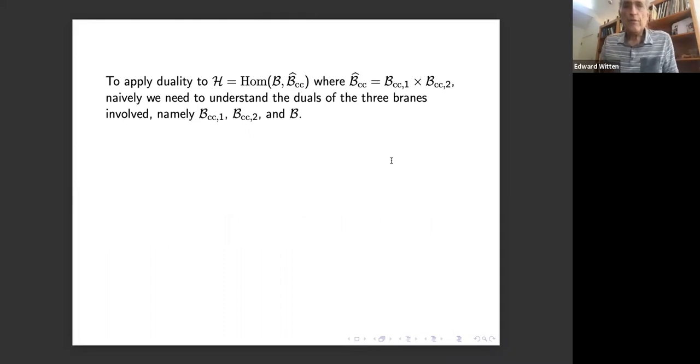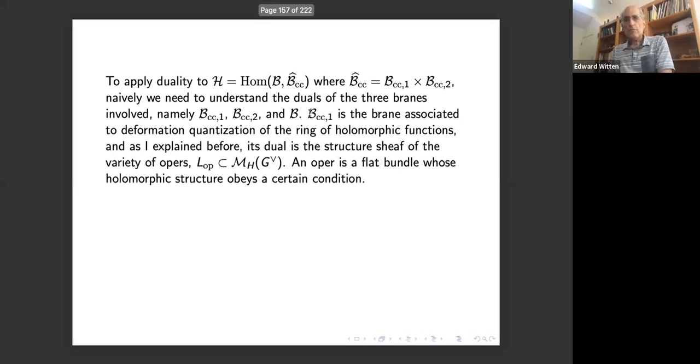To apply duality to Hom from B to B_cc, where B_cc, in this case, is a product of two coisotropic branes, naively, we need to understand the duals of the three branes involved: the two coisotropic branes and B, the brane supported on the diagonal in the complexification. Now we know the duals for the two coisotropic branes. B_cc1 is the brane associated to deformation quantization of holomorphic functions.